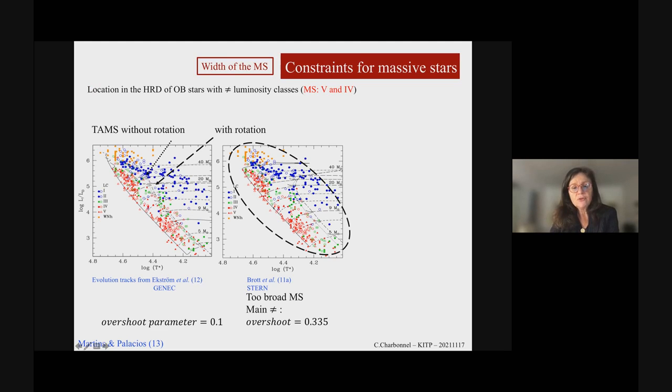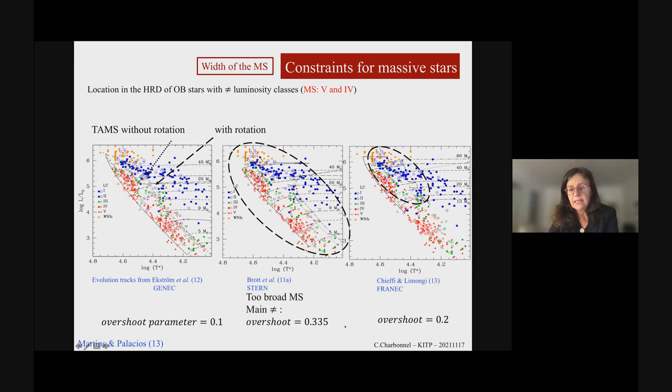And it's not due to rotation, it's just due to the fact that there is a stronger overshoot in the models of Brott et al. compared to Ekström et al. And here you can see an intermediate case of Chieffi and Limongi with the code FRANEC, which also takes into account the same processes. And you see that it's really the overshoot that plays a role here. So we could say it's very difficult to disentangle the effect of overshoot versus the effect of rotation.